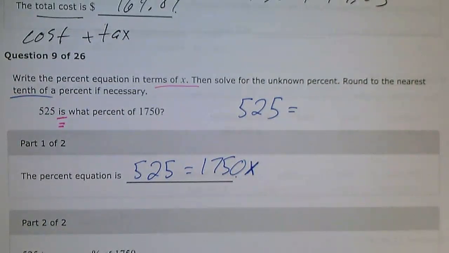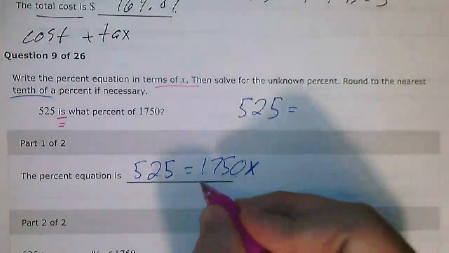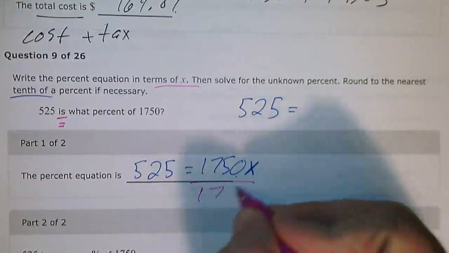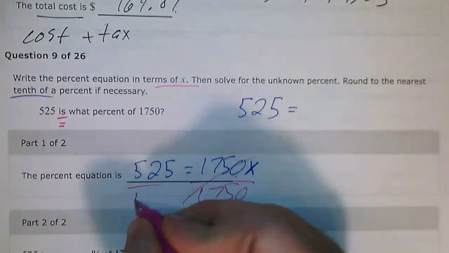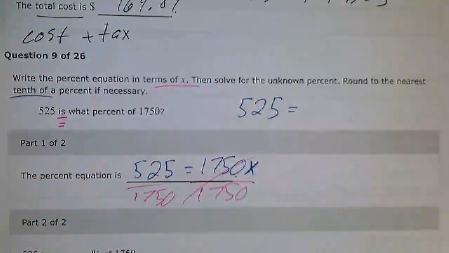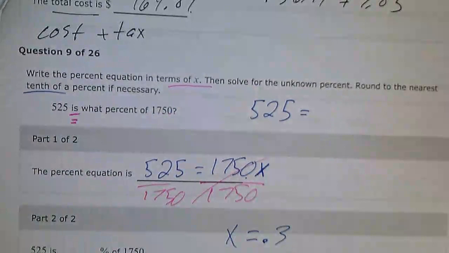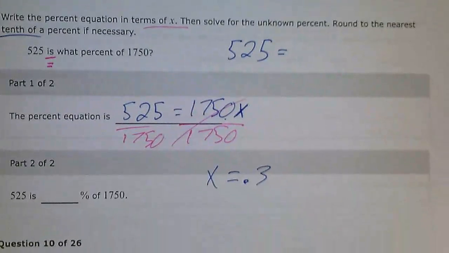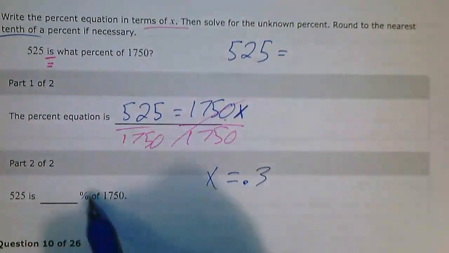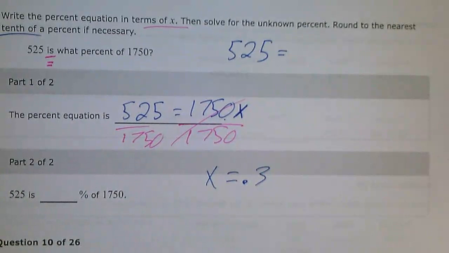If we solve this like an equation, to solve for x, I would divide both sides by 1750. We would get x equals 0.3. But remember, it's asking for the percentage. So what is 0.3 as a percentage?